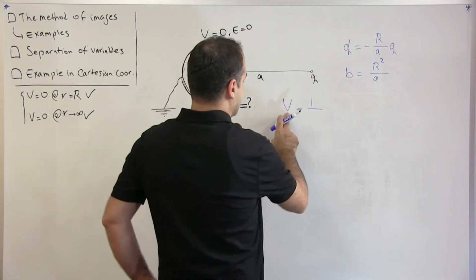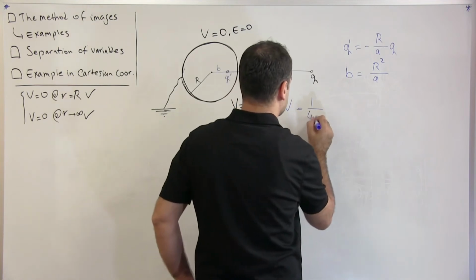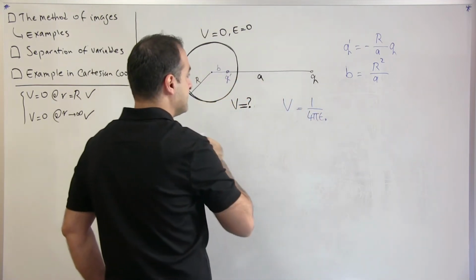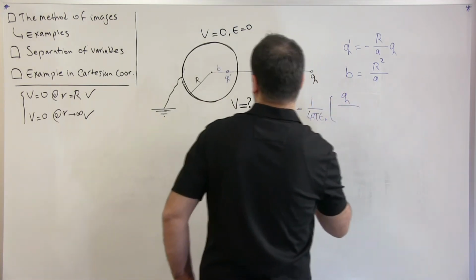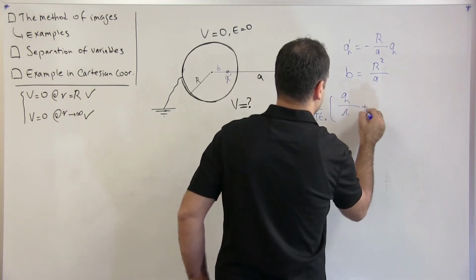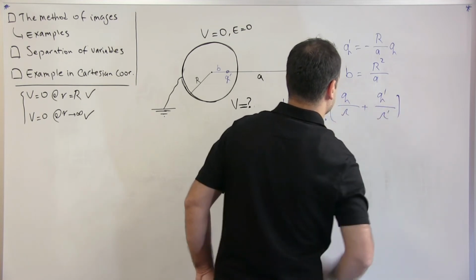So the V here, the electric potential, is 1 over 4 pi epsilon 0, right? Q over, let's say, distance from the Q is R, plus Q prime over R prime.